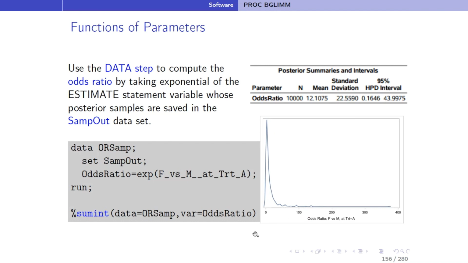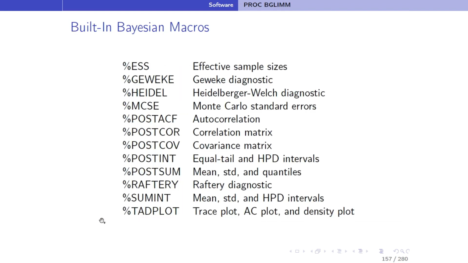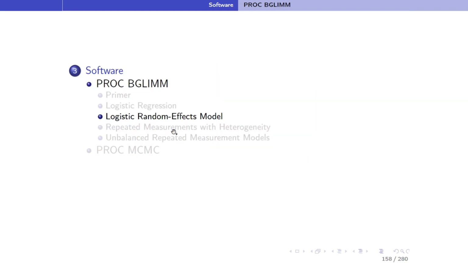It also works similarly: a macro takes the data set and the variable, and sumint computes summary and interval statistics, but you can also use effective sample size, MCSE, and so on to compute different Bayesian related quantities.